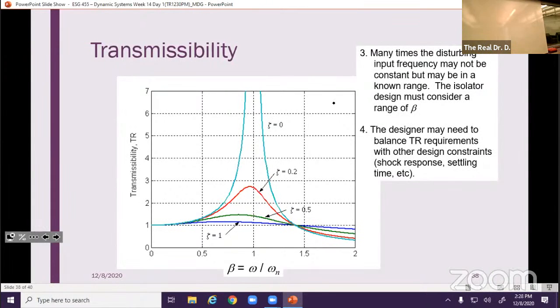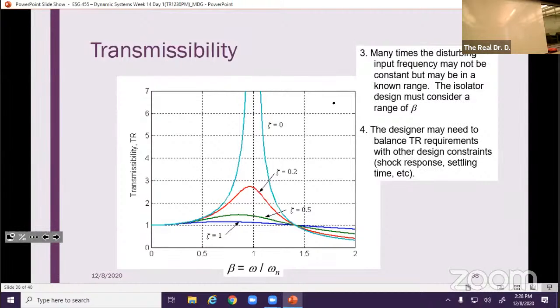Oftentimes, the disturbance that you're applying to the system or the input frequency might not be constant, right? And I keep going back to the example of your car and suspension, right? But all asphalt is not poured equally. All road surfaces are certainly not the same.